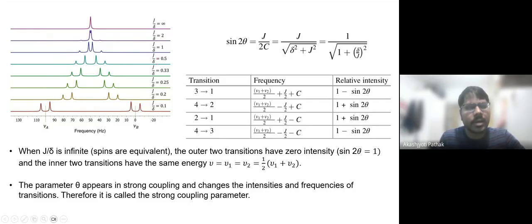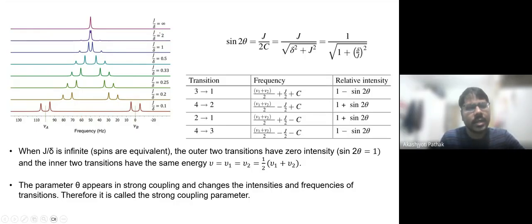Then this is J by delta 0.5. As the J by delta value decreases, your coupling is decreasing. So your J by delta value basically gives you a measure of how strongly or how weakly the two nuclei are coupled. In this figure you can see the same concept: as the J by delta value decreases, the nuclei become weakly coupled.